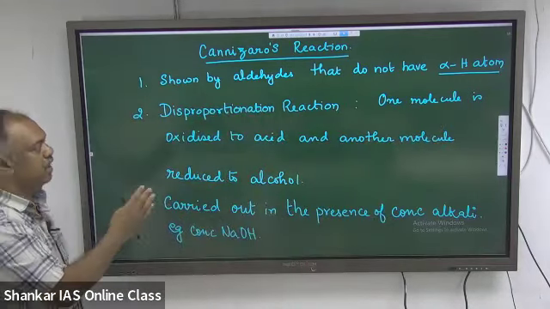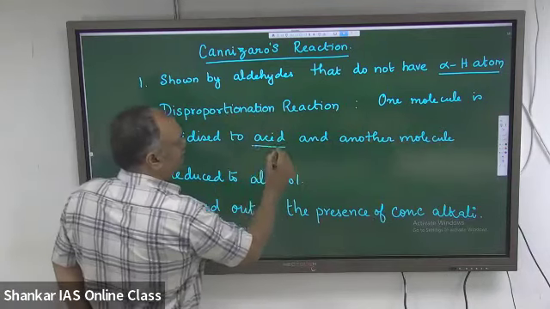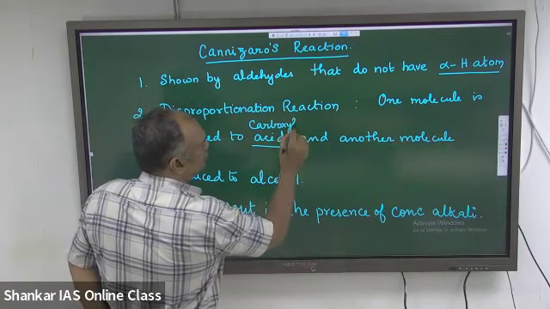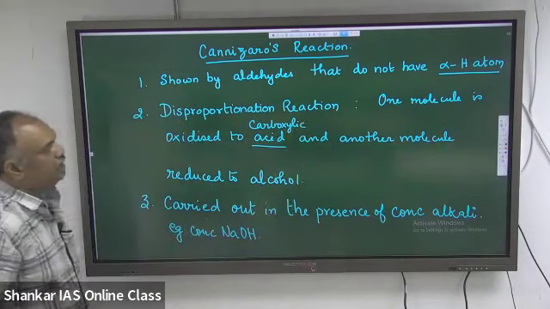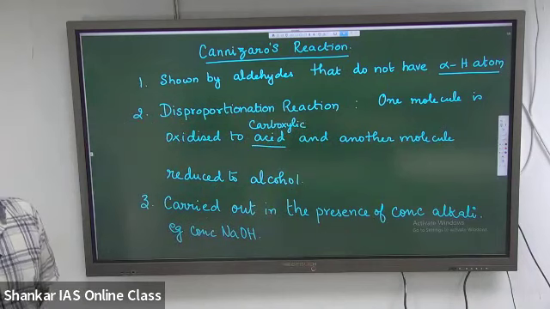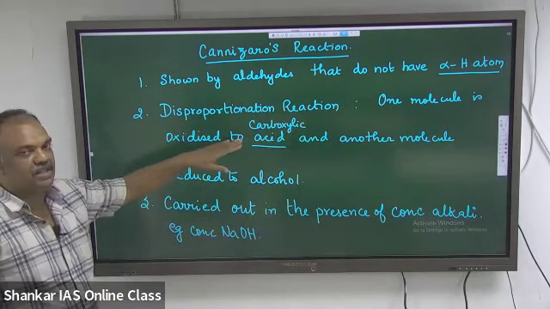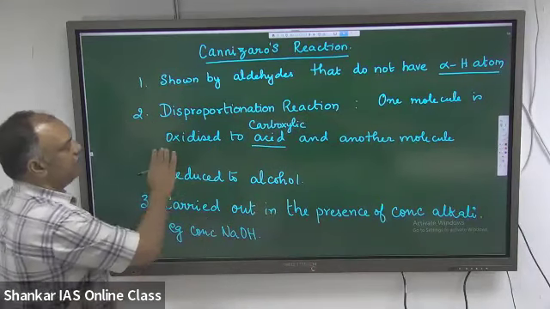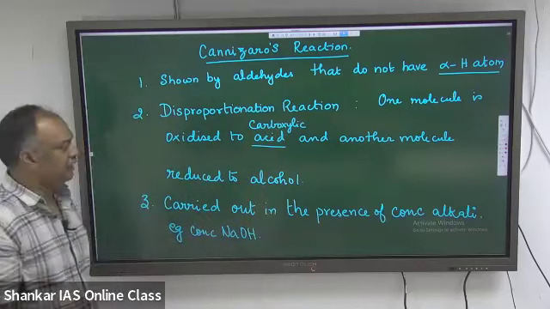The oxidation product is nothing but the acid, that is, the carboxylic acid. And another molecule gets reduced to alcohol. So both oxidation as well as reduction are occurring in this. That is why this is called a disproportionation reaction.